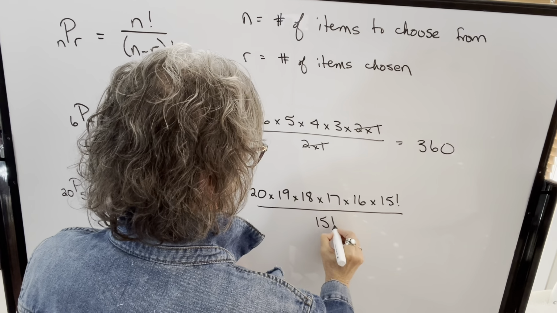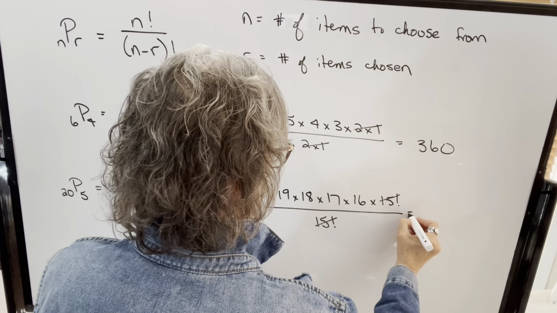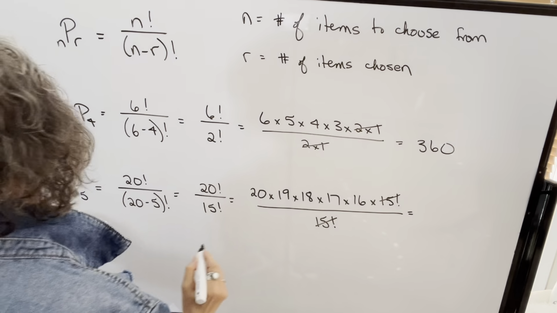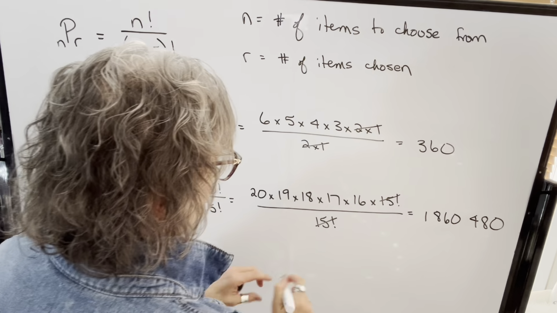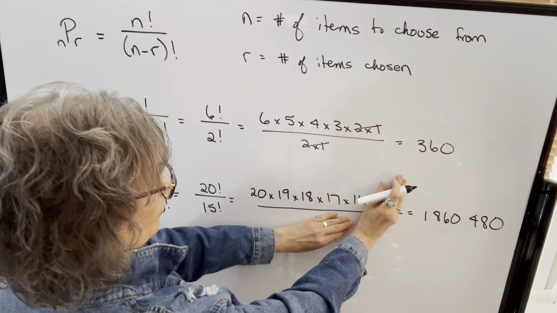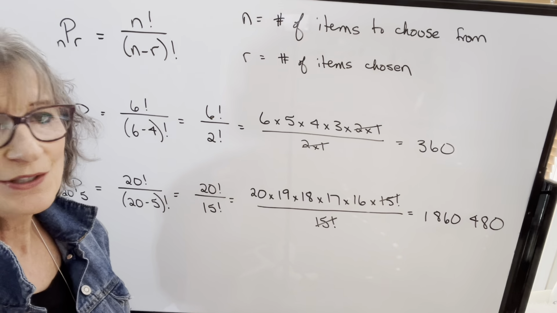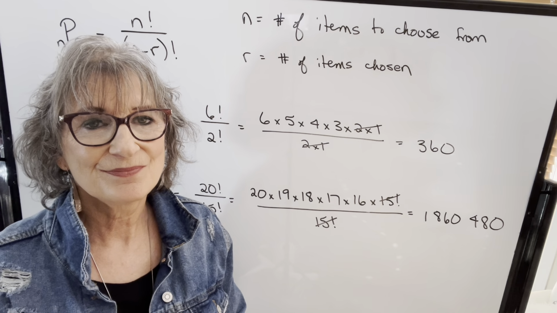Leave this as 15 factorial, and that allows me to cancel it in numerator and denominator, and then I can multiply those out to get 1,860,480. Now remember, that's what we had when we were using that multiplication principle. So you can either use the formula or just use the multiplication principle.